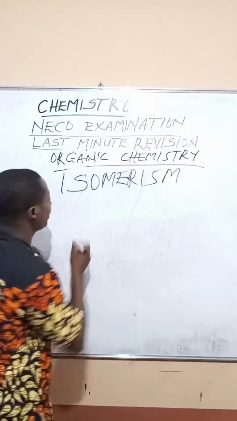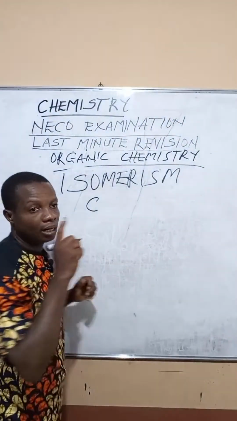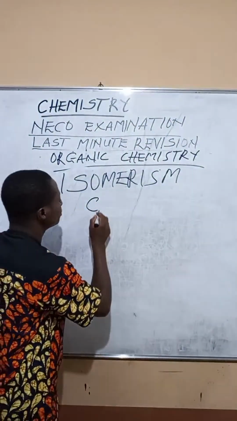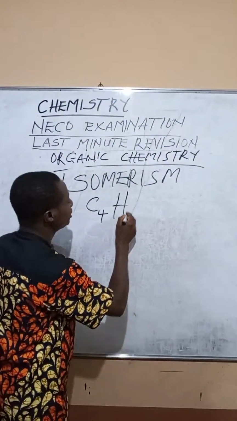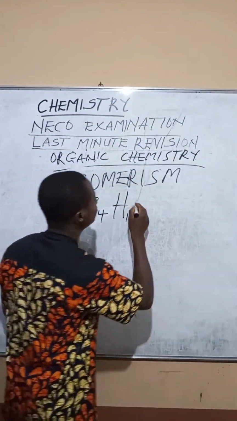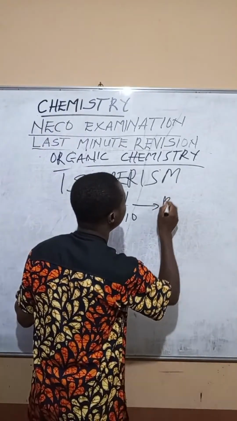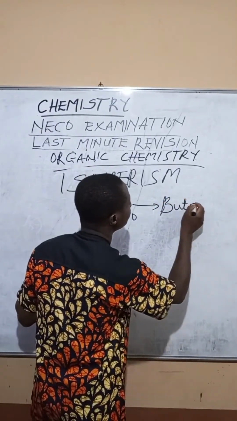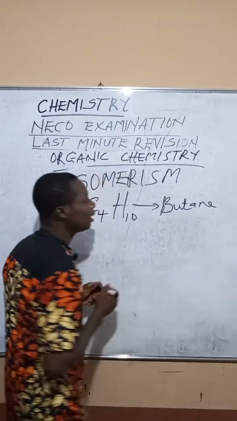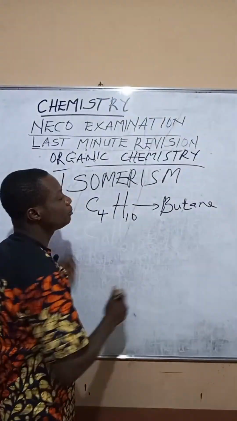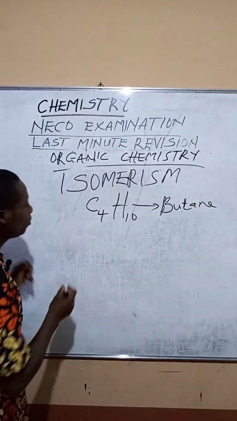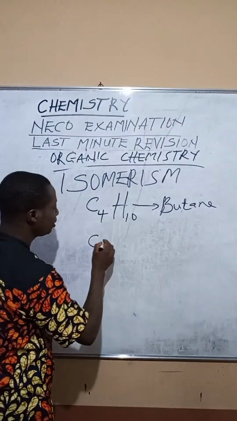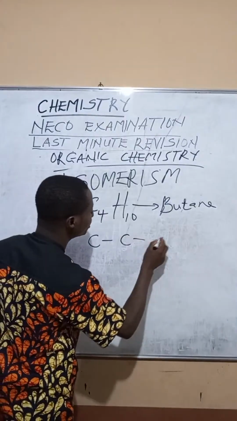Now, let me show you something here. For instance, butane. Butane is C4H10. That is for normal butane. If you want to write this one the long way, this is how you're going to write it.